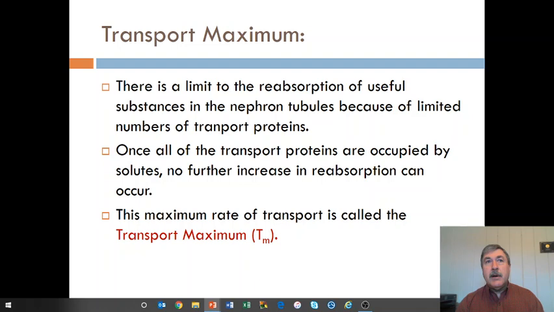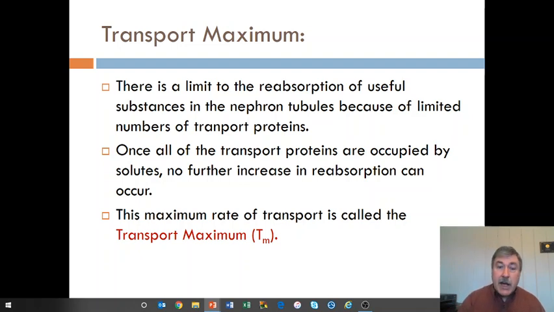So most useful substances like glucose and amino acids have a transport maximum. So if the concentration of glucose in the filtrate exceeds the transport maximum, then you're not going to be able to reabsorb all the glucose that's filtered. And so instead, some of that glucose is going to be excreted in the urine. Now, in most healthy people, almost all the glucose and almost all the amino acids is reabsorbed by the nephrons.